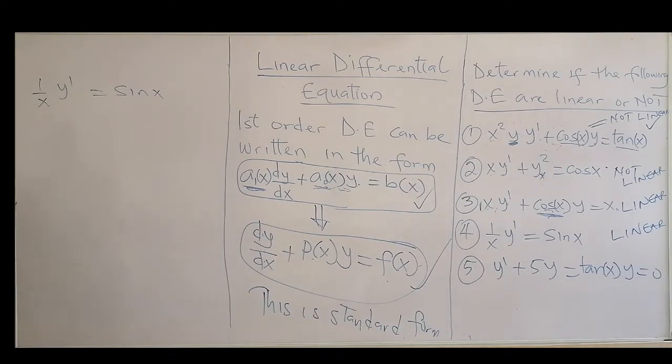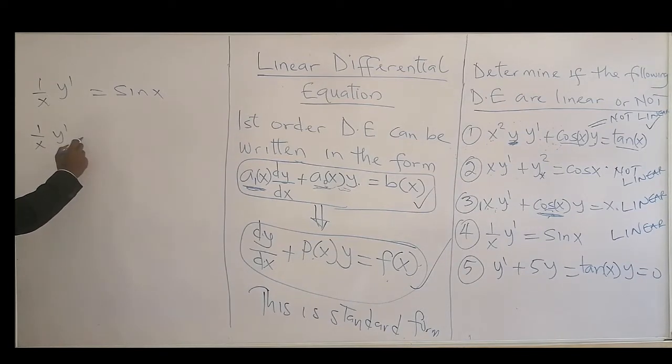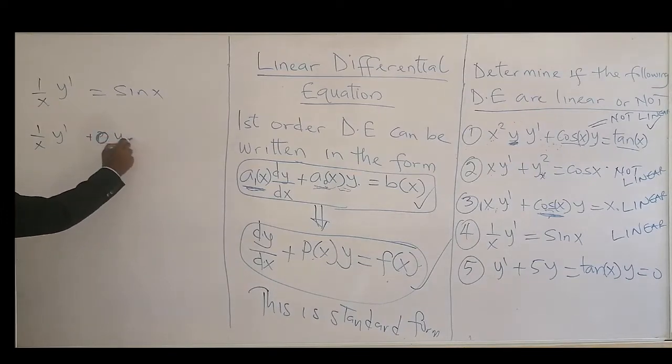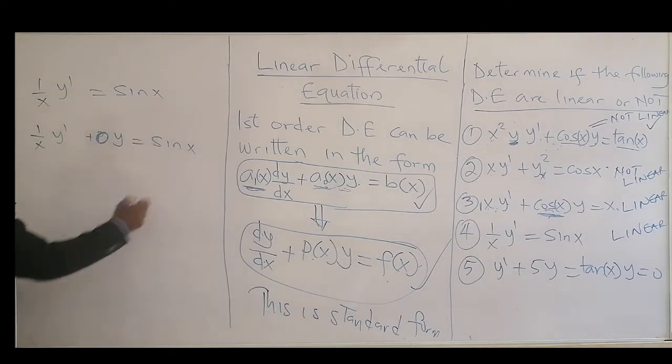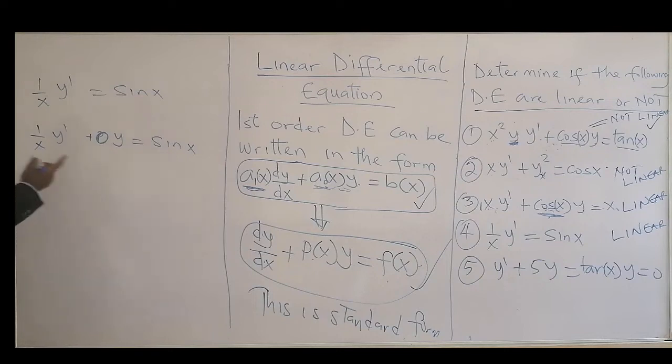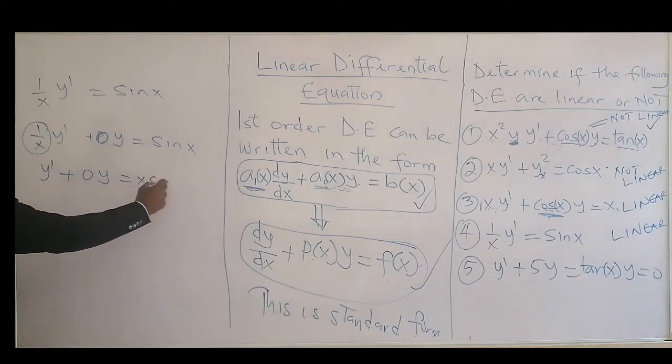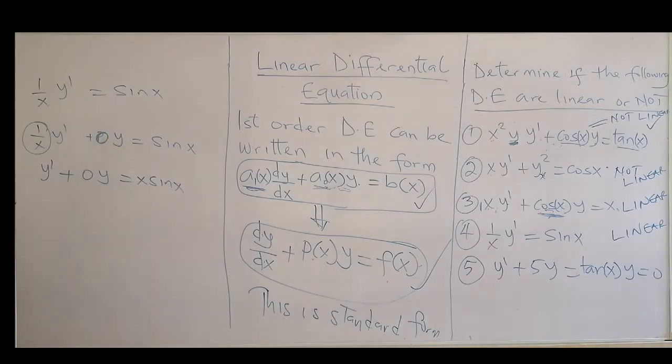So we can make it y prime plus p of x, where p of x is 0, equal to sine x. Then you multiply through by x so that this attachment can go. So you have y prime equal to, still the same thing here, x sine x. So that one is linear.